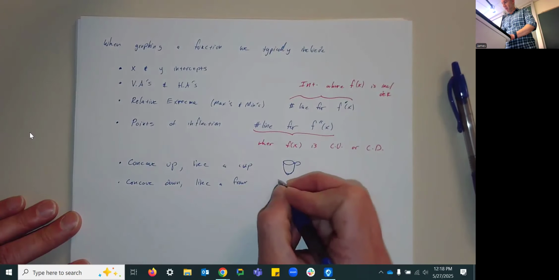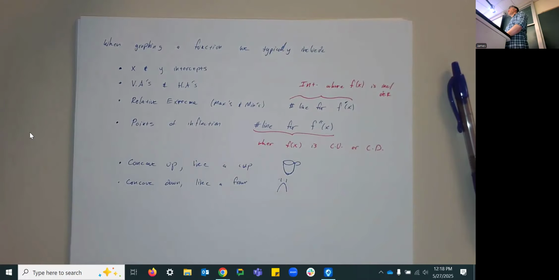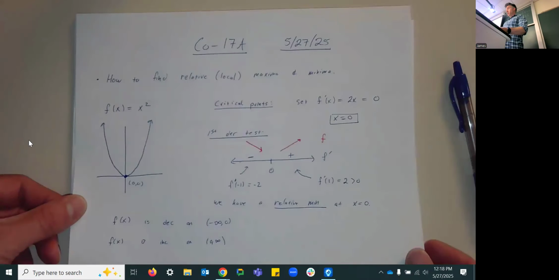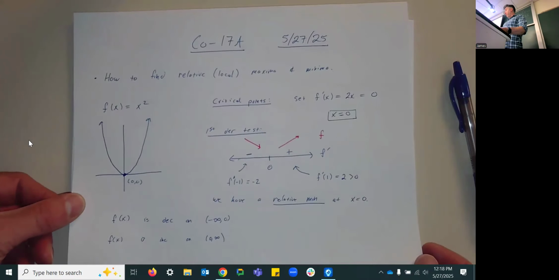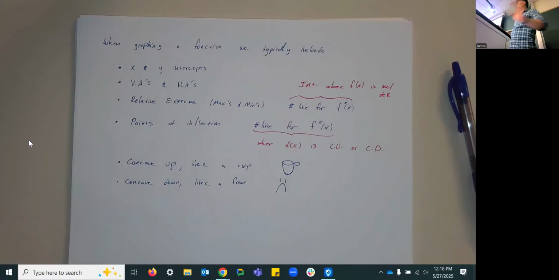Again, not the most innovative, but hard to forget. So when a function is concave up, we think of it as opening upwards. When a function is concave down, it is opening downward. Certainly looking at that last function, it's concave up, right? It's certainly opening upwards. Let's talk a little more about concavity just so that we know what it is before we do any more graphing problems.